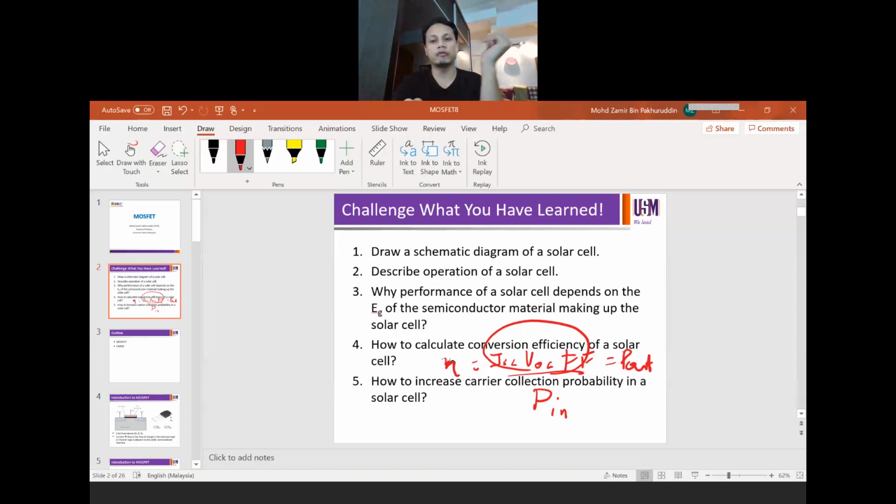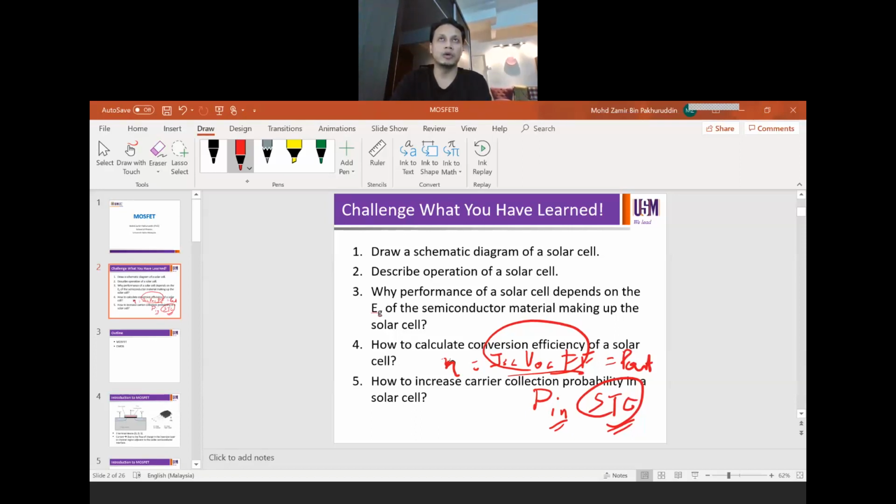So it's P_out over P_in, and P_out is equal to Jsc times Voc times fill factor. And P_in, if you do the measurement under standard test condition, or we call it STC, has to be 1000 watt per meter square, 25 degrees Celsius, and using the solar spectrum of AM 1.5, right, to be able to be called standard test condition. If you don't operate under STC, then it's not under standard test condition.